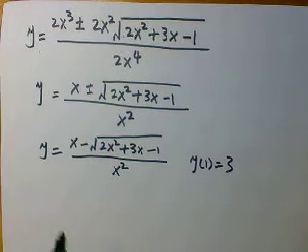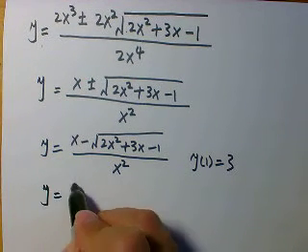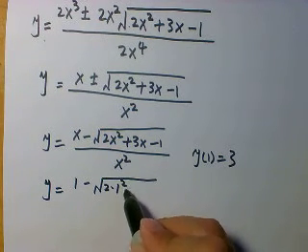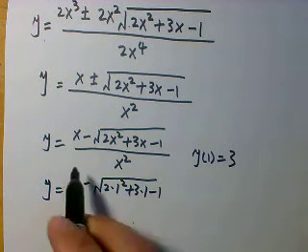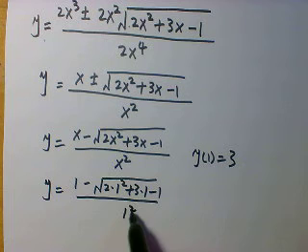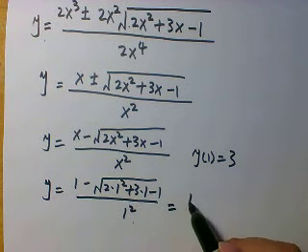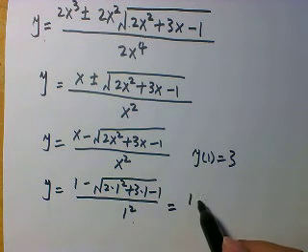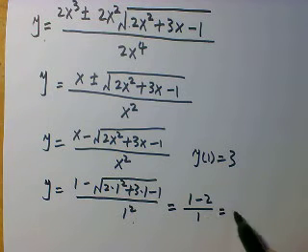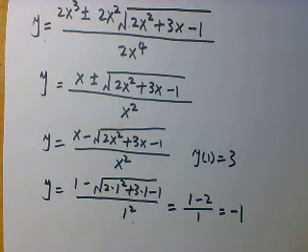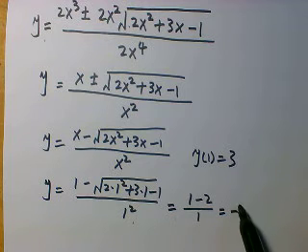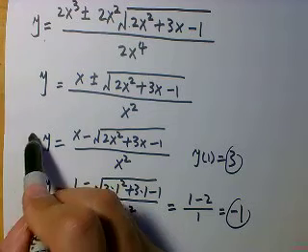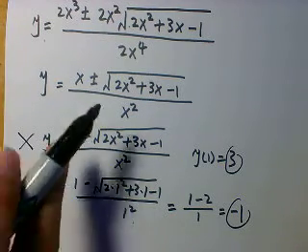When x equals 1, we plug in the square root of 2 times 1 squared plus 3 times 1 minus 1, divided by 1 squared. You're going to see here it is 2 plus 3, 5, minus 1 is 4. Square root of 4 is 2. We're going to get negative 1. Very clearly we can see this negative 1 doesn't equal 3, right? So that means that is a fake solution, and we should delete it.